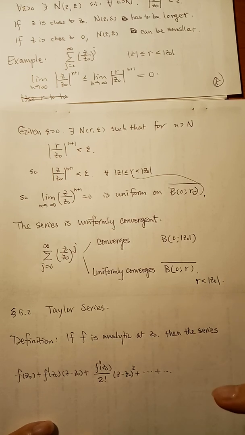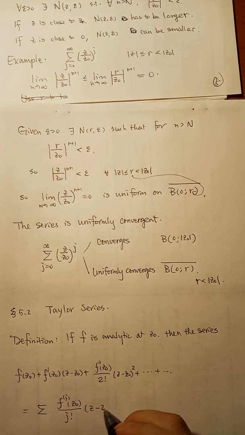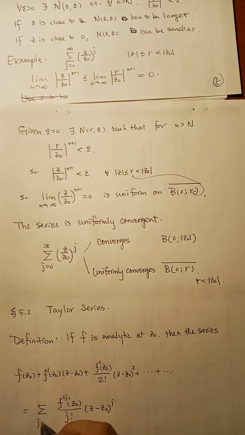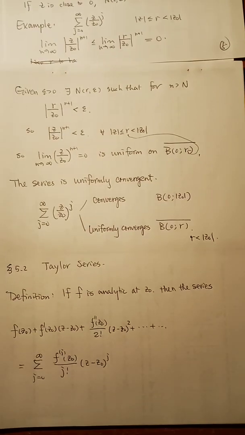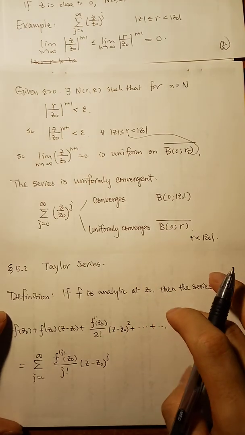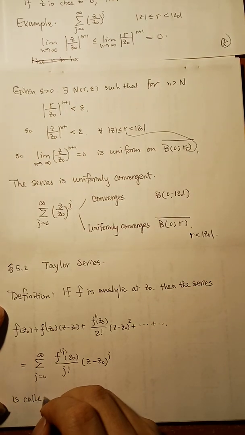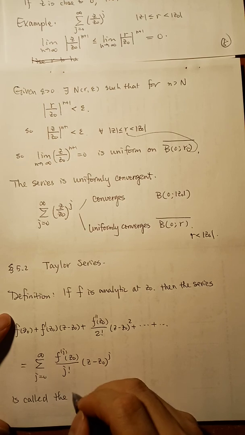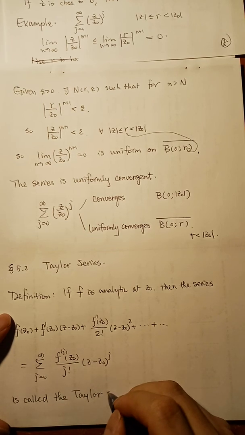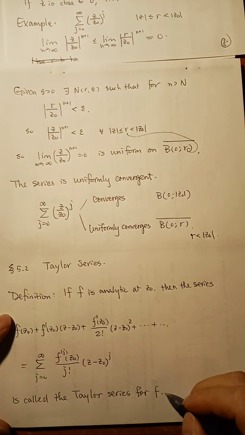This is an infinite series of functions, and the general term is the J's derivative evaluated at Z0 over J factorial times Z minus Z0 to the J's power, J from 0 to infinity, including the constant term. And this is a series attached to this analytic function, and this series is called the Taylor series for F around Z0.